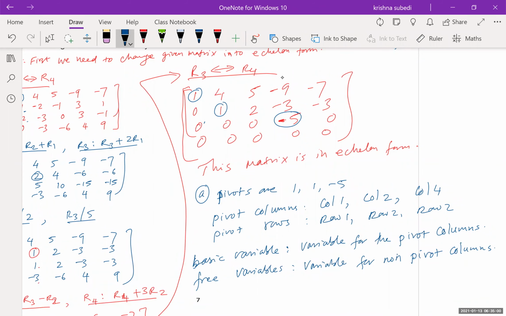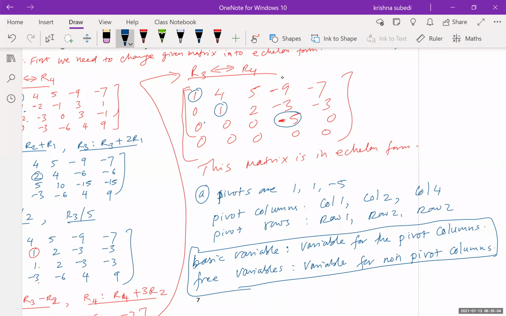Okay, that is the definition. Now let me ask you, if I write this matrix in a system of equations, let's say this is our augmented matrix.